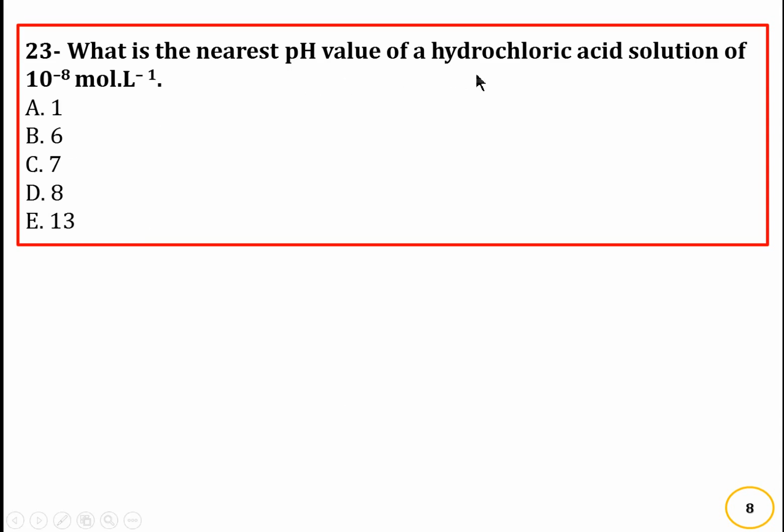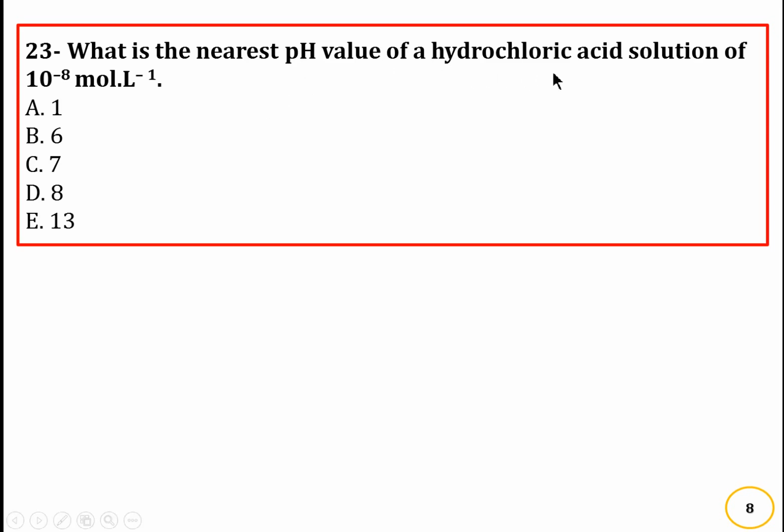What is the pH value of a hydrochloric acid solution of concentration 10^-8 mol per liter? The objective of this exercise is to know which formula should be applied according to the domain of the concentration.